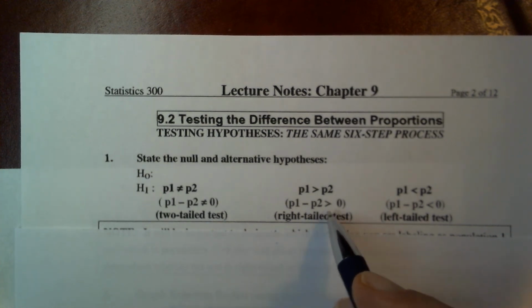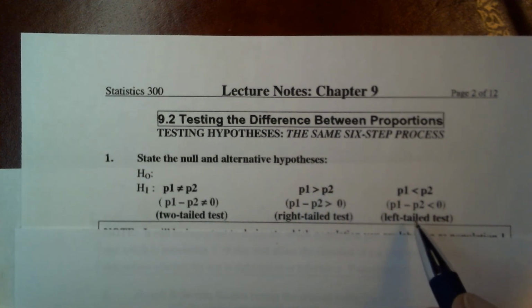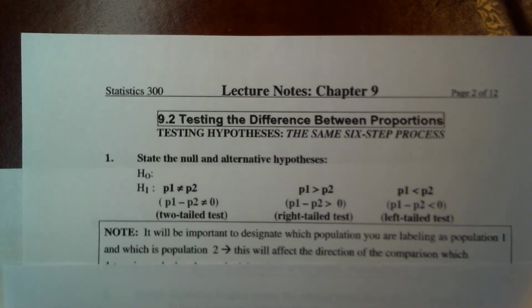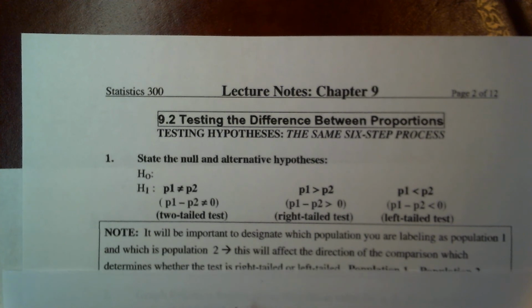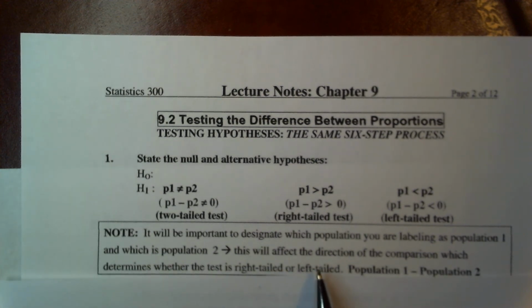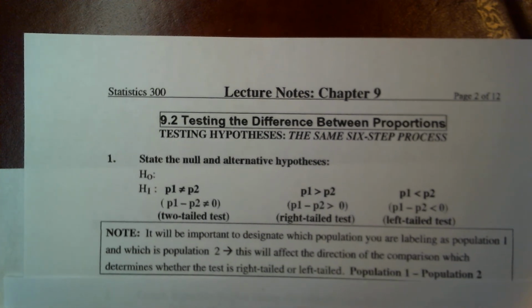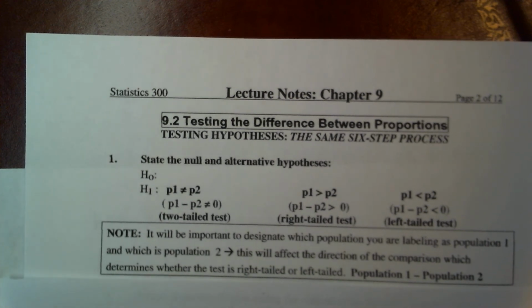And then we have a right-tailed test as before, and a left-tailed test in this particular case, if P1 is less than P2. Now, it's important to designate which population we are labeling as population 1 and which is population 2, because this will affect the direction of the comparison, which determines whether the test is right-tailed or left-tailed. Okay? So we need to be careful that we are consistent about that.